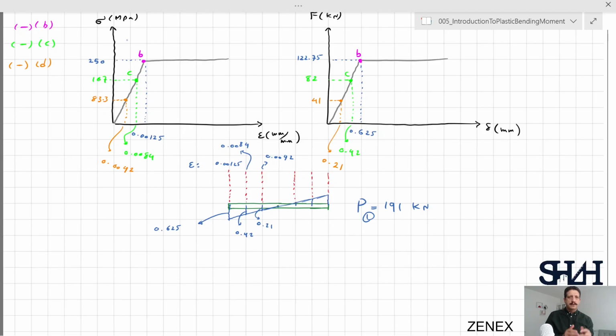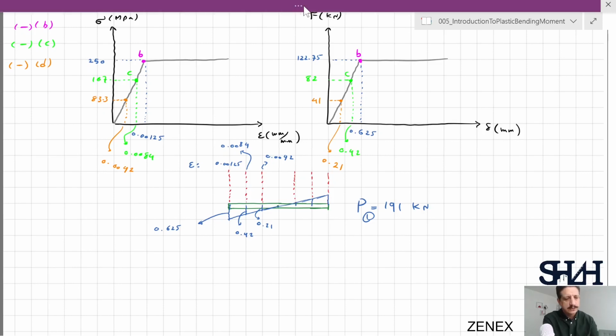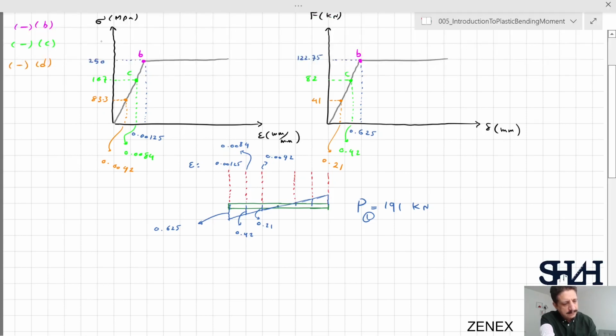So it means that from now on, if the load is increased, they are not taking any load. The easiest way to solve this type of question is that we can sketch a full line for those elements which are still in use and just have dashed lines for those elements that from now on are eliminated.